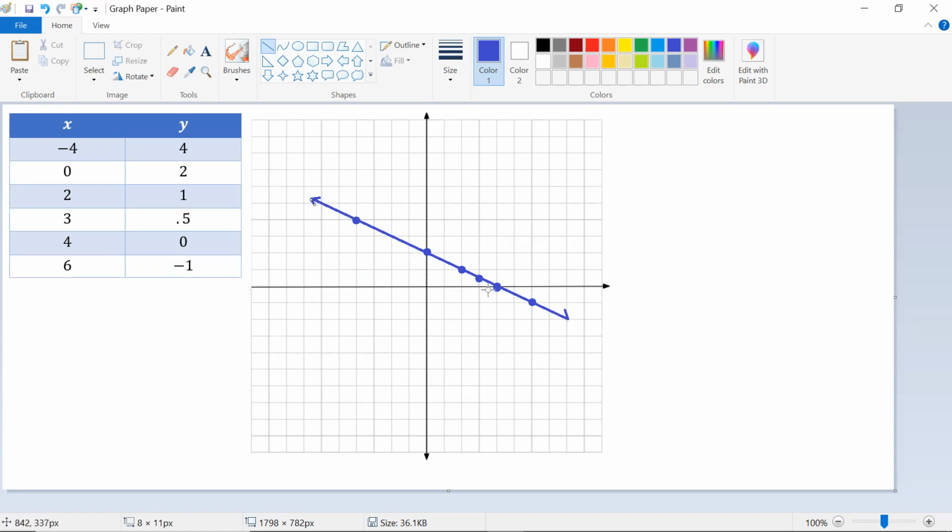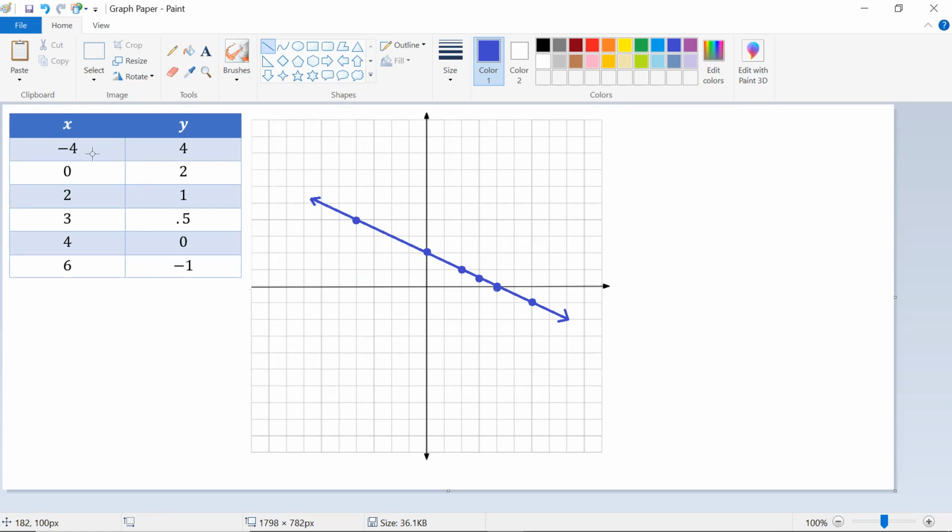Obviously, we can't draw an infinite line. It would take infinitely many seconds to do that. So instead, oftentimes, we just draw arrows at the end to indicate that this pattern goes on forever to the right and forever to the left. So that's how we graph a line by finding points.